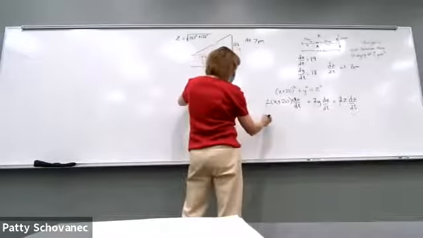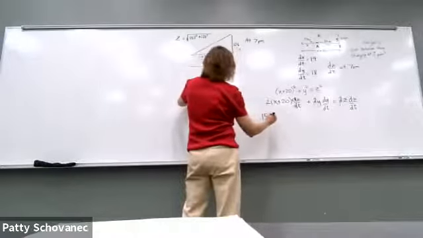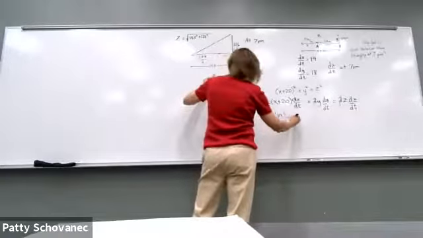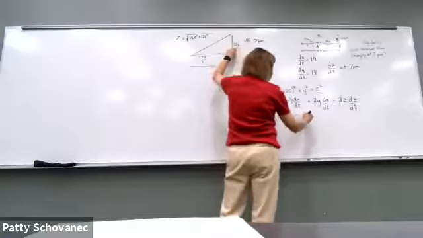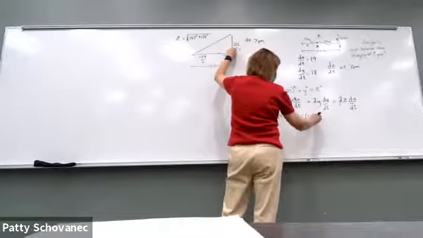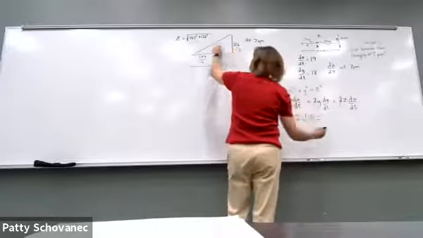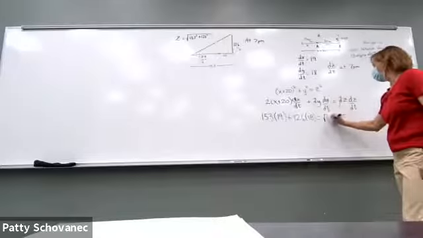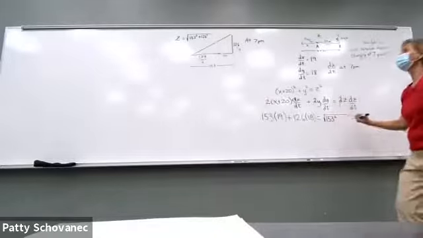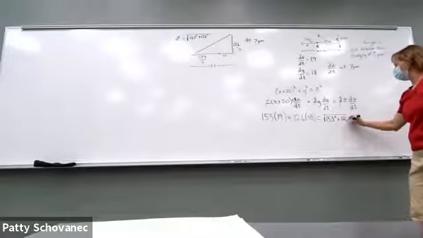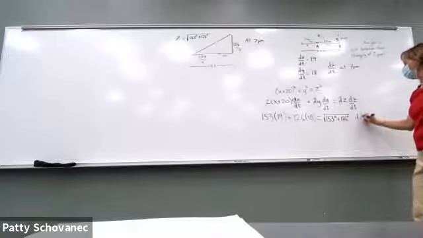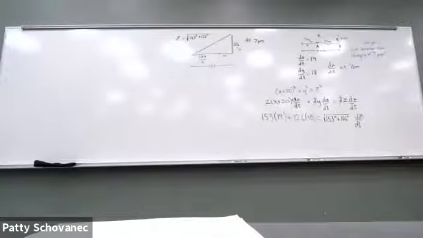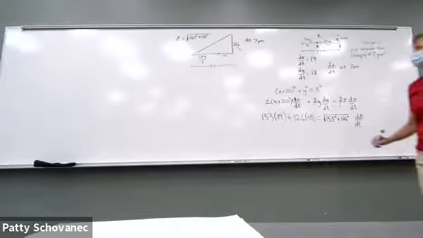So I have 153 times 19 plus 126 times 18 is equal to this funky number for Z. So all I'm going to do is divide by that.